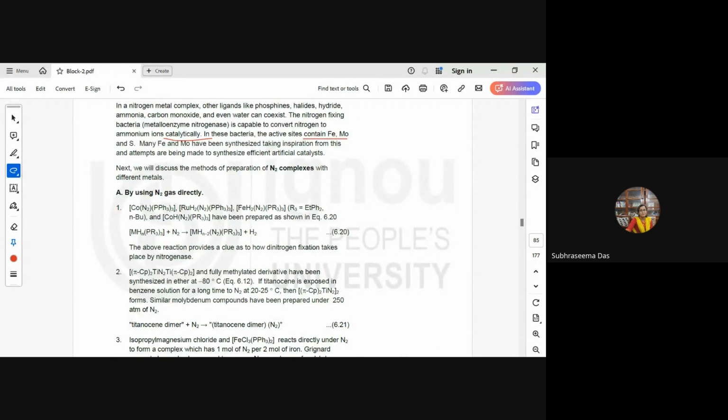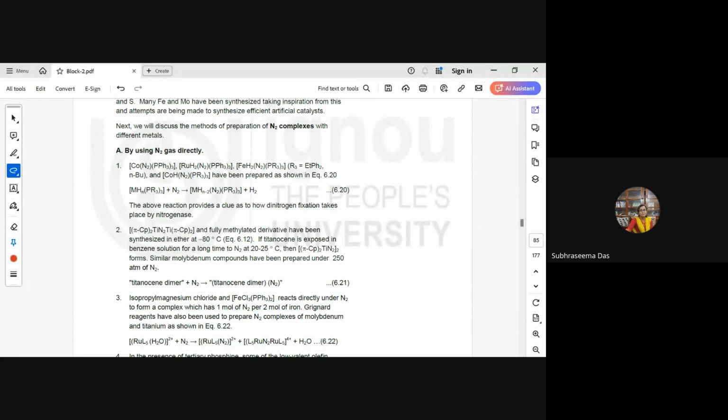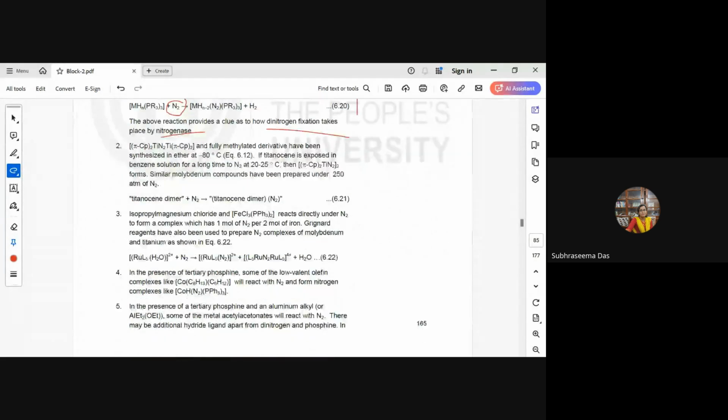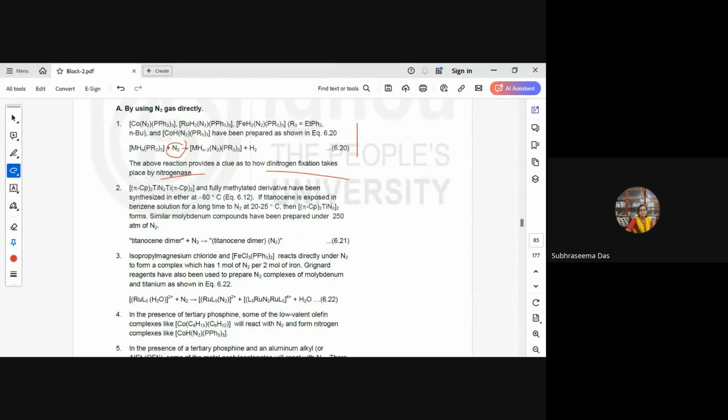Now the methods of preparation of N2 complexes with different metals. First is by using nitrogen gas directly. Here in equation 6.20, direct N2 gas has been used, and this is actually the process of fixation of nitrogen by the bacteria nitrogenase. However, the mechanism for this reaction is not yet clear, but nitrogen gas has been employed for the preparation of these nitrogen complexes.